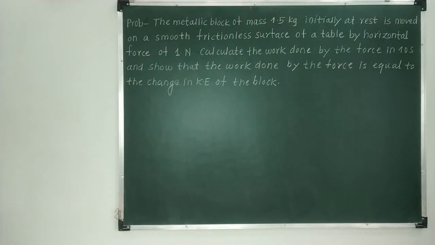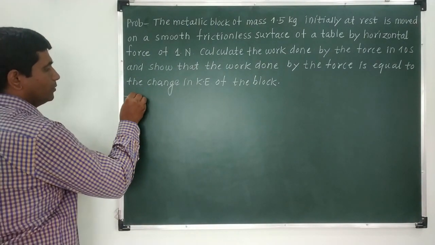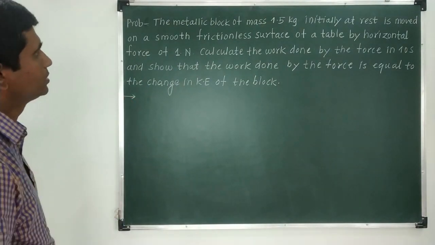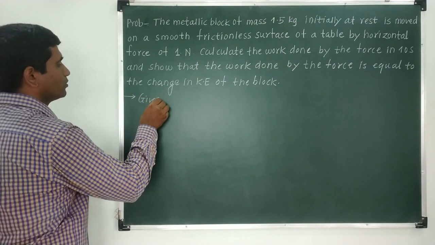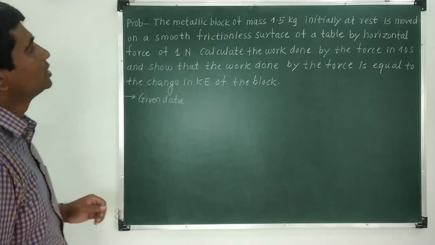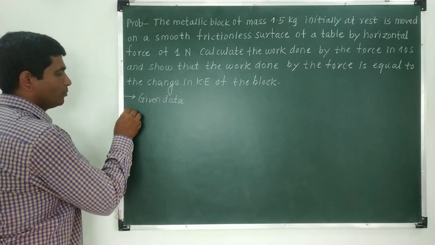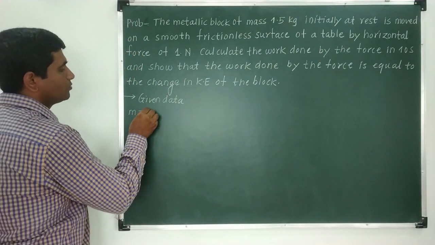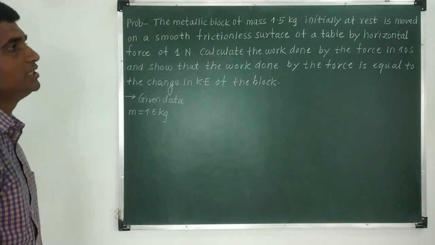First of all we will try to understand the problem and then we will solve it. Let us write down the given data, what is given and what has been asked to calculate. The problem says the metallic block of mass 1.5 kg, so m is equal to 1.5 kg.